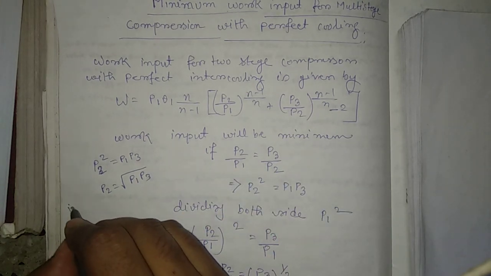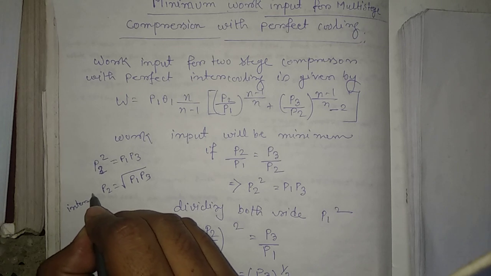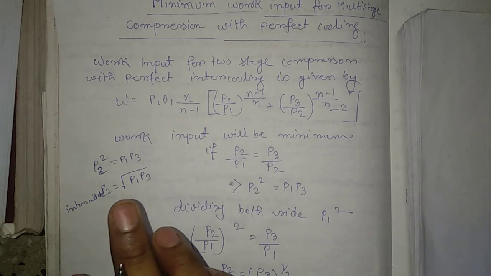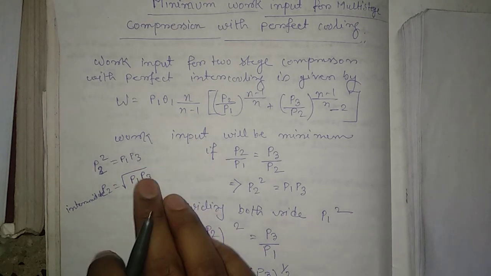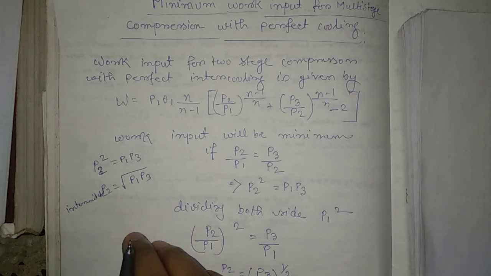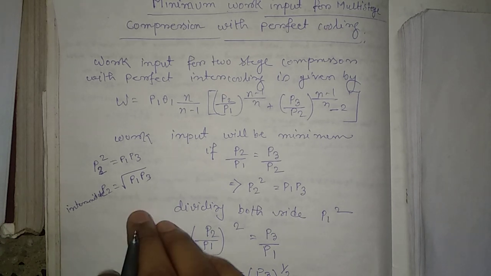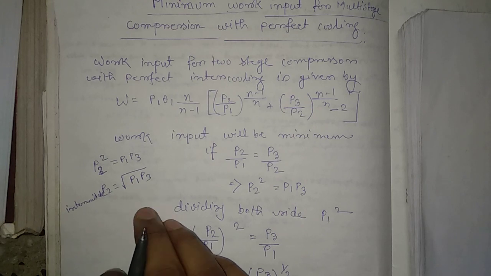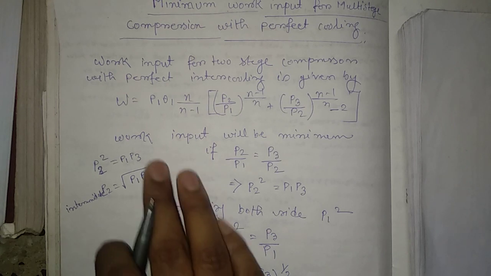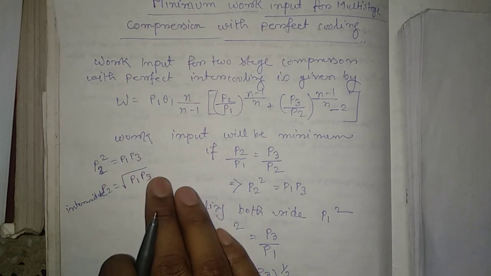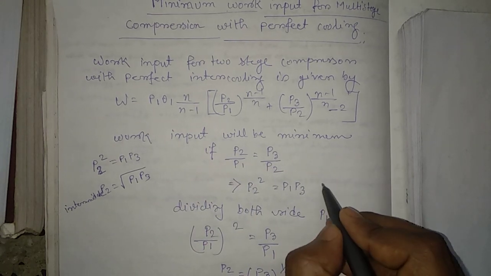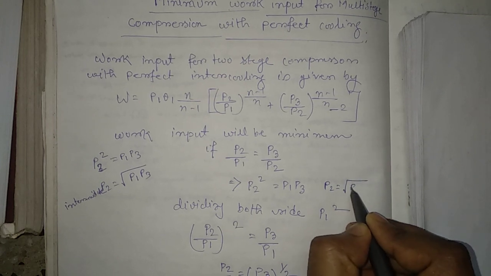If the intermediate pressure is the square root of the product of initial pressure and final delivery pressure, then this compressor will give the maximum efficiency. In this case the work input will be minimum. So P2 square equals P1 P3, or P2 is equal to under root of P1 P3.